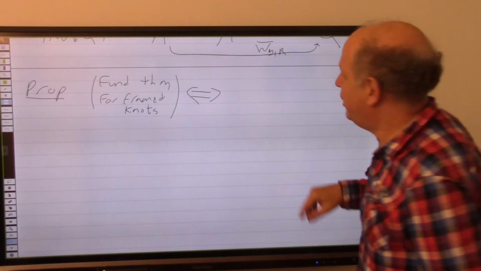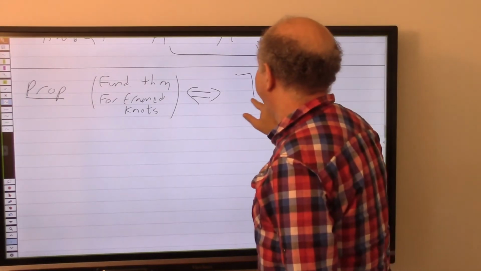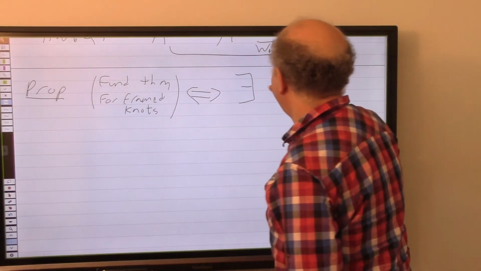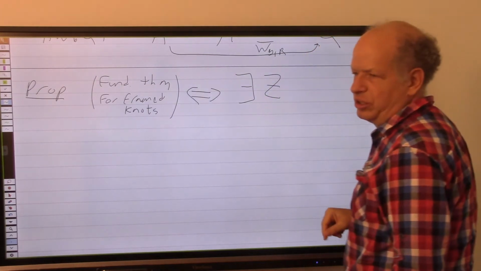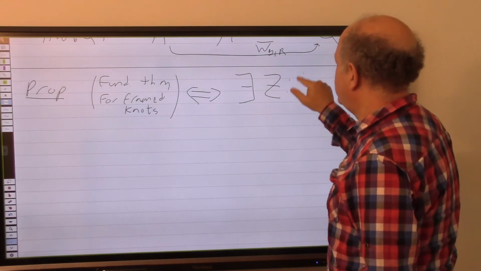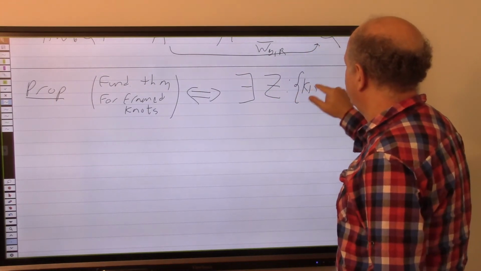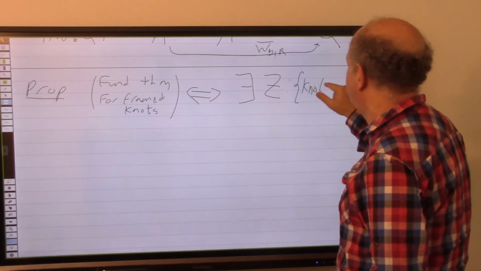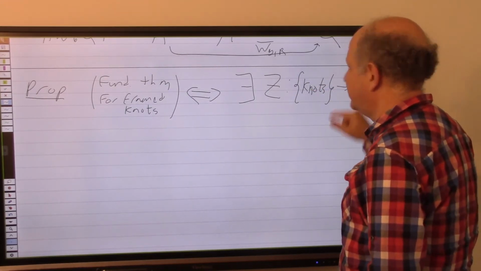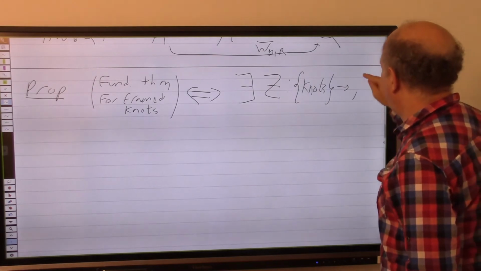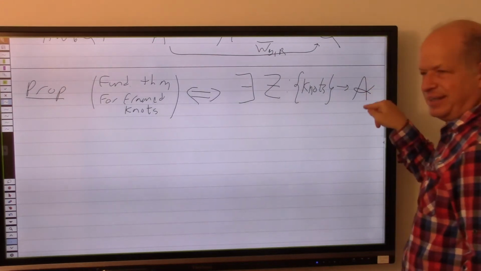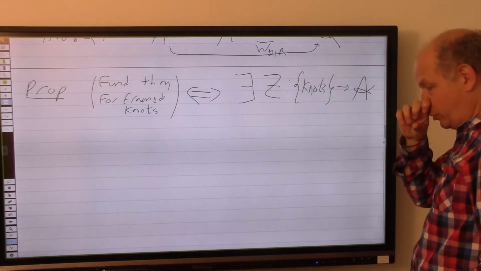So it is equivalent to the following statement. There exists an invariant of knots called Z, which is defined on the set of all knots, and it takes value in the space A, the space of chord diagrams.